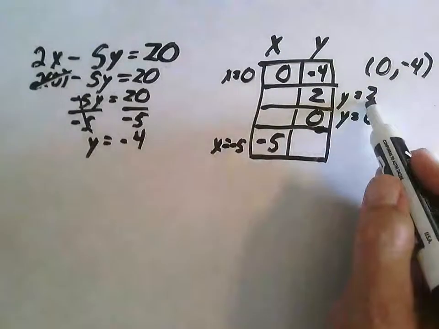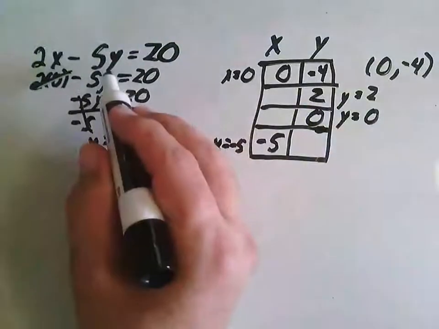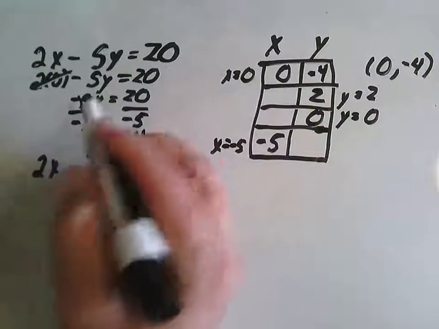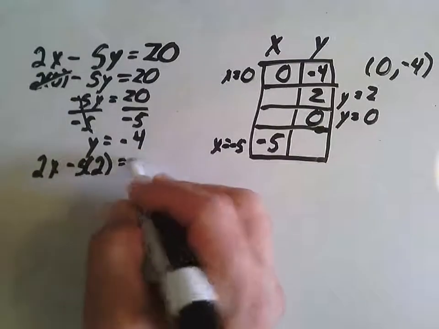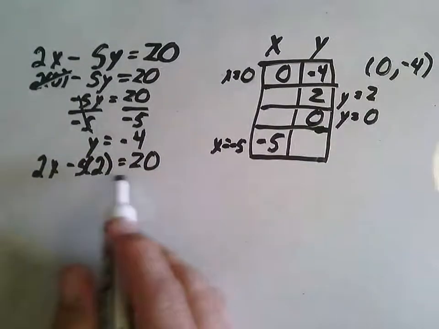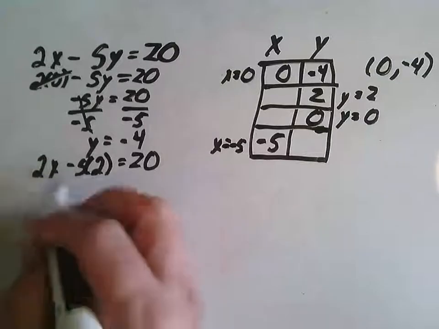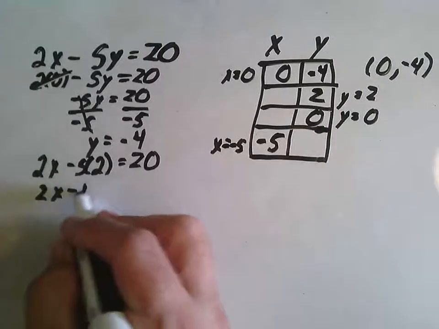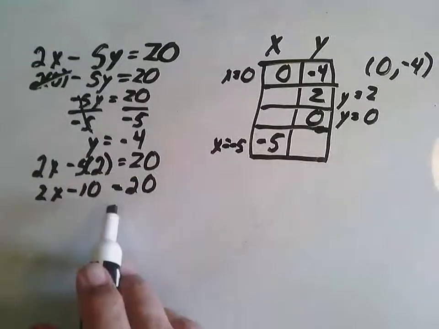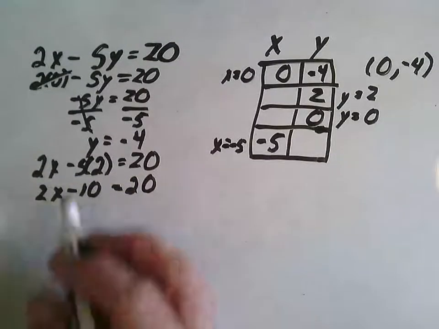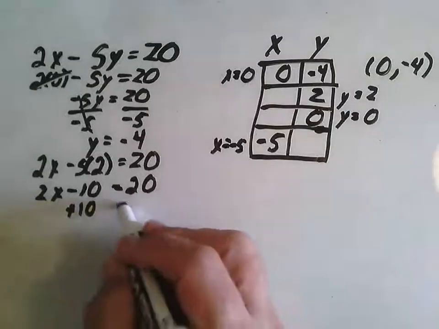So on the next one, I know that y is equal to 2. So I'll just come back and substitute that in for the y. And I'm going to just solve it like I solve anything else. A negative times a positive is going to give me a negative. And then this is a negative number, so to move it to the other side, I have to use its opposite, which is a positive 10.